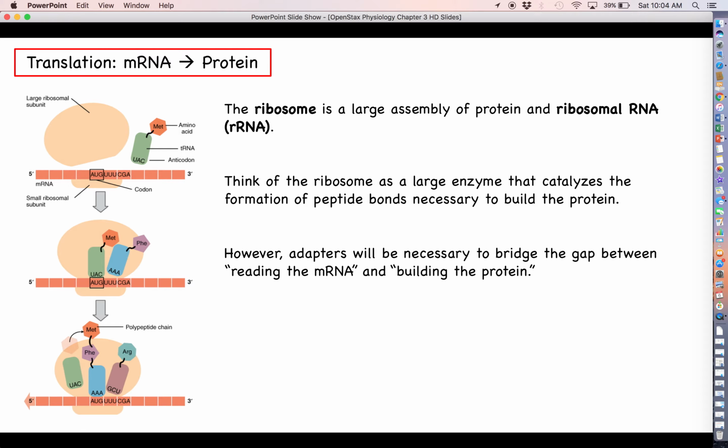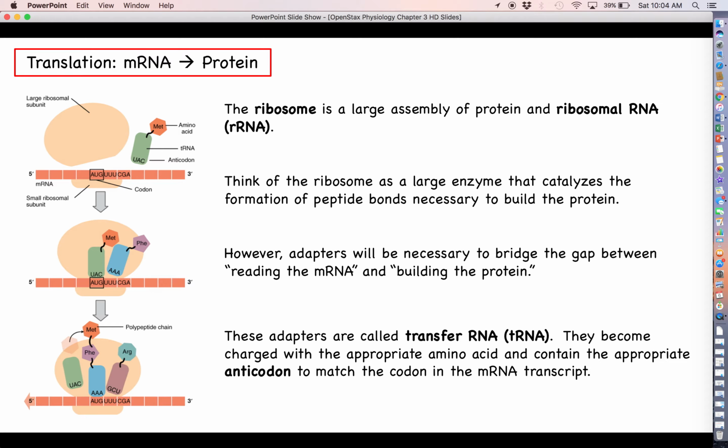So this is the adapter that we're suggesting we need here, and these adapters are called transfer RNA, or tRNA. tRNAs attach themselves to a particular amino acid, and tRNAs have a particular sequence of nucleotides called an anticodon.